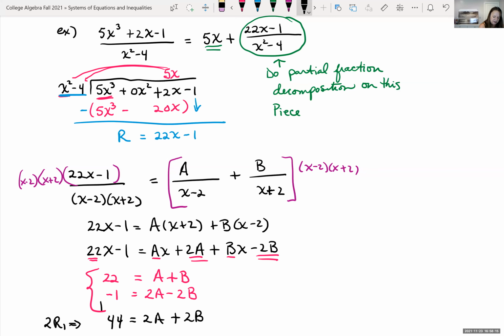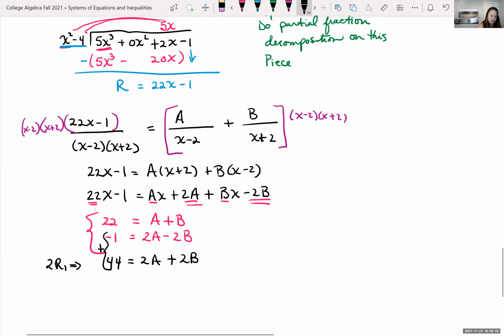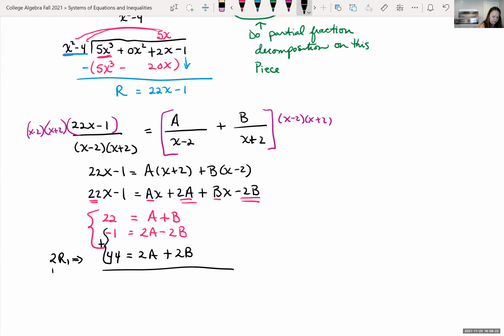If I sum these two equations right here, negative 1 plus 44, that is 43, is equal to 2A plus 2A is 4A. So I get A is 43 over 4. Not pretty, but it's not bad. I mean, we can do it.